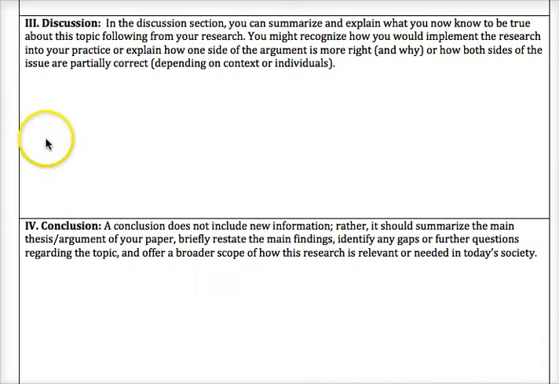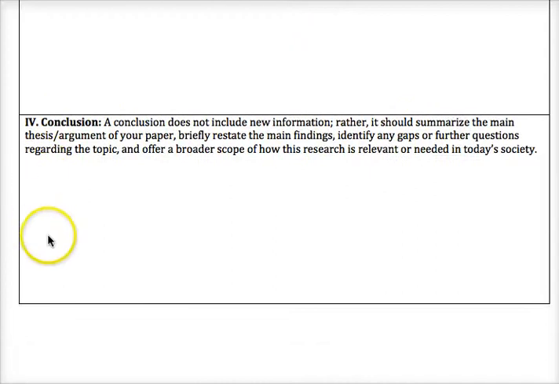And then your final paragraph is just a conclusion. It's a more formal conclusion that sums up what your argument was, or what your thesis was, briefly restates the main findings, identifies any gaps or further questions regarding this topic, and also presents an insight or reflection on how this research topic has a larger purpose or relevance in today's society, or for you and your peers or community.